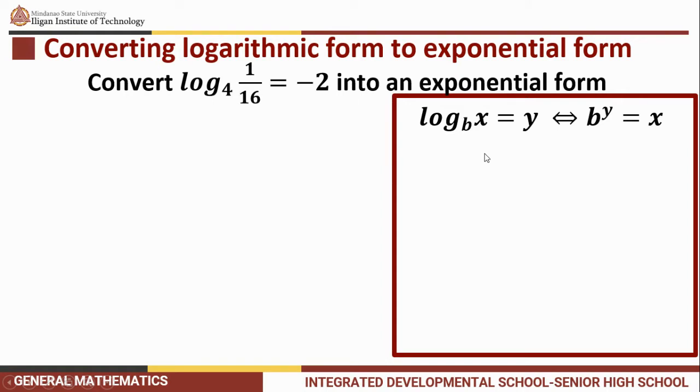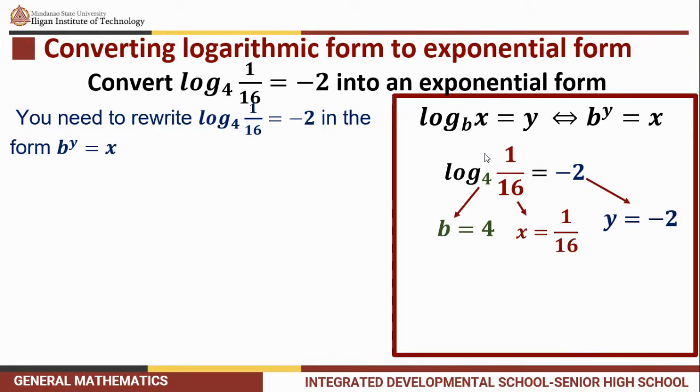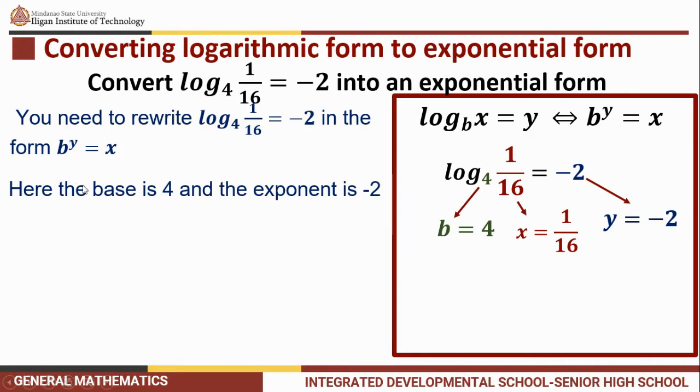After that, we need to rewrite, and find the value of b, the value of x, and the value of y. Here we found out that our base equals 4, the exponent equals negative 2, and x equals 1 over 16.